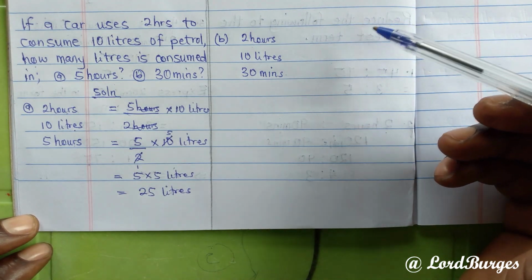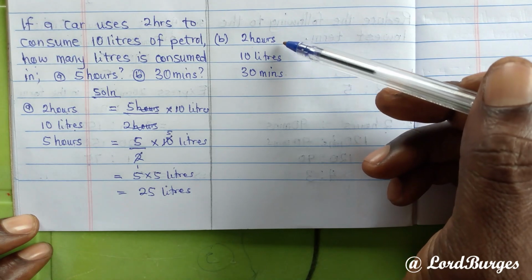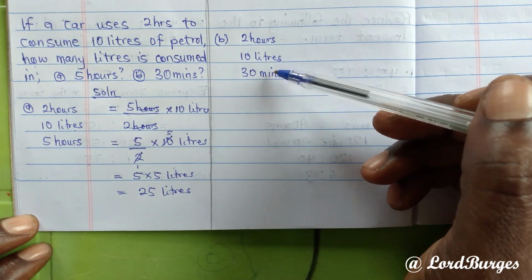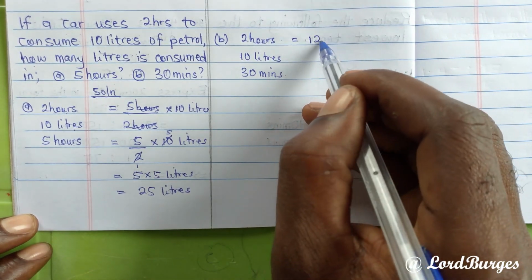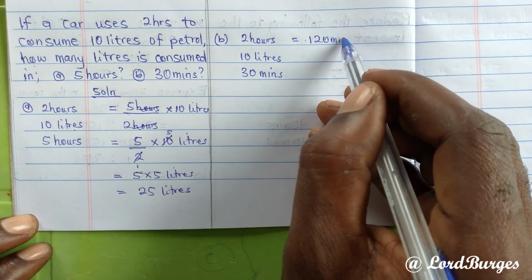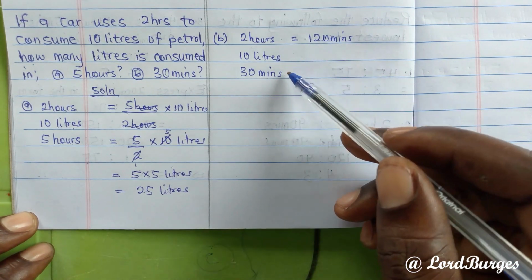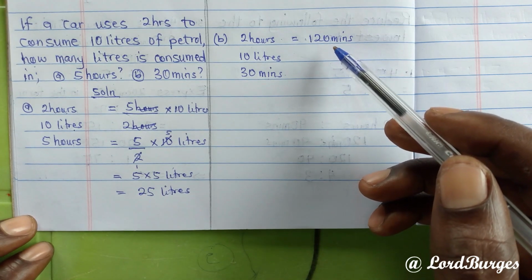With this one, we can see that the units are not quite the same, but it is still time. So we change the hours to the minutes. Therefore, 2 hours should give us 120 minutes, so that we can now have a uniform unit we can work with.